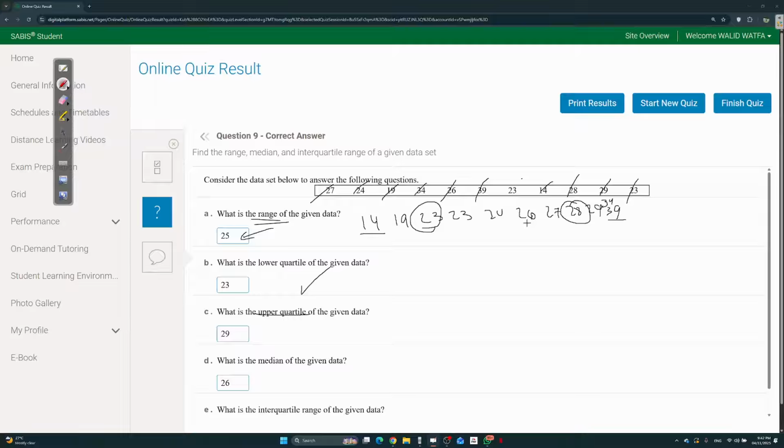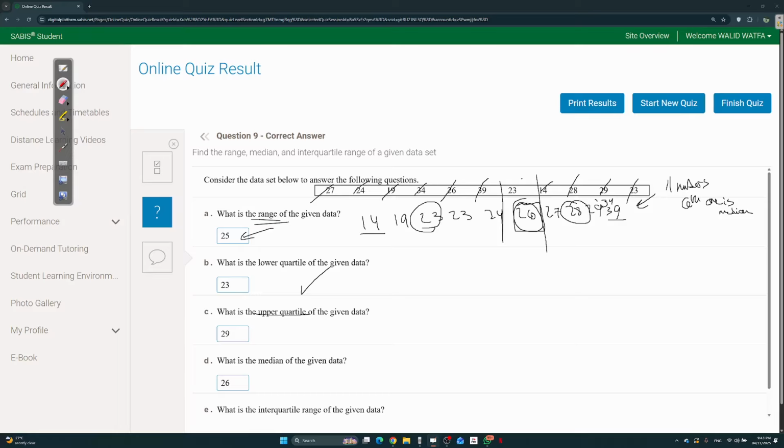When you want to split it up, you keep the 26 as the median. That's all you have to do. You keep the 26 for the median. How do you know this? Since it's 11 numbers, the 6th one is the median, right? So we're going to take this 26, circle it as median, then divide this and this. Now we have the upper quartile.